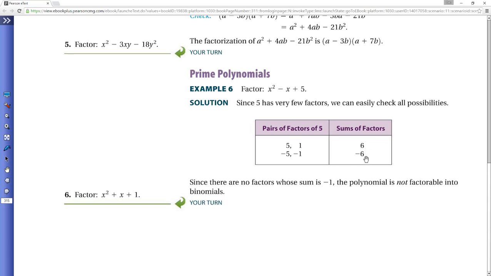I only got 2 possible sums in this case, which is 6 and negative 6. Well, the middle term here is a negative 1. So there's no possible way I can write 2 binomials to multiply together to get this trinomial. So in other words, there are only 2 factors to this, one and itself. That's why they call it prime.